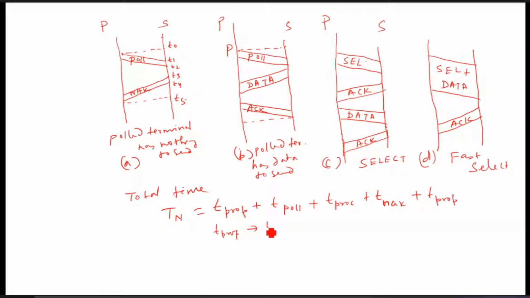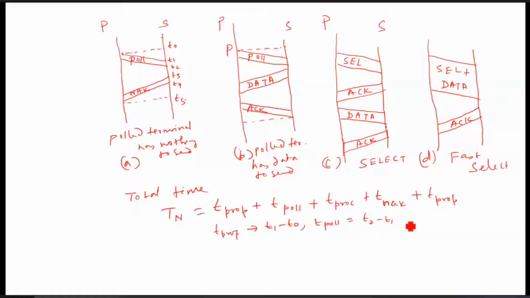Next, T poll, the transmission time of the poll message, is T2 minus T1.